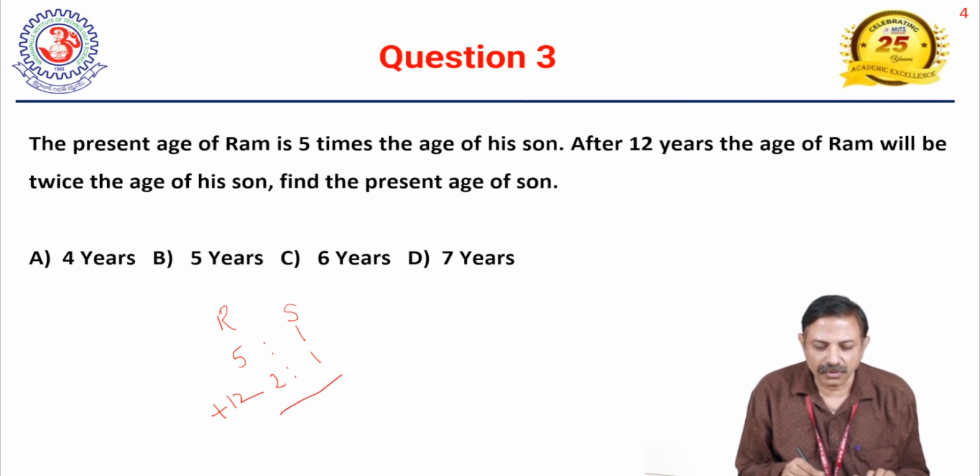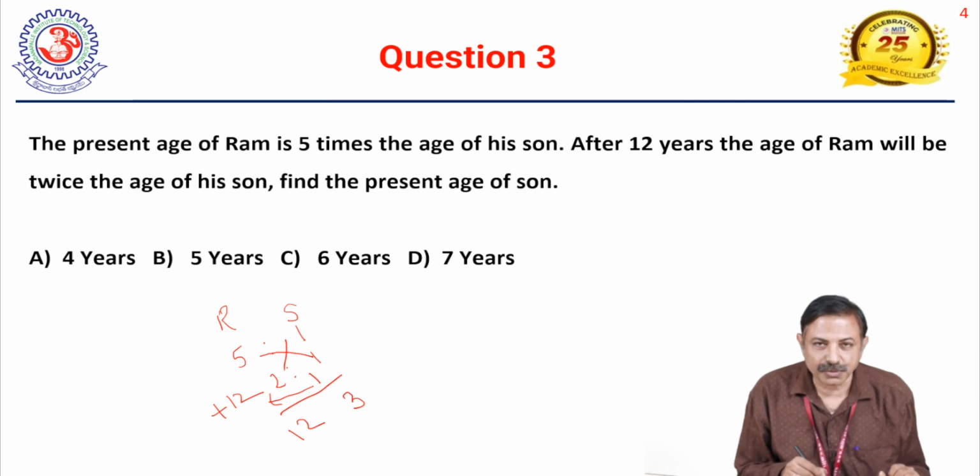I am repeating again. We're going to cross multiply and take the difference. This is 5 into 1, 5. 5 minus 2, that is 3, which is right here. Second ratio, that is 2 is to 1. Difference I'll take, that is 1. Next part is 1 into 12. So forget about the sign, it is plus or minus. We have to multiply. Add the two numbers and multiply.